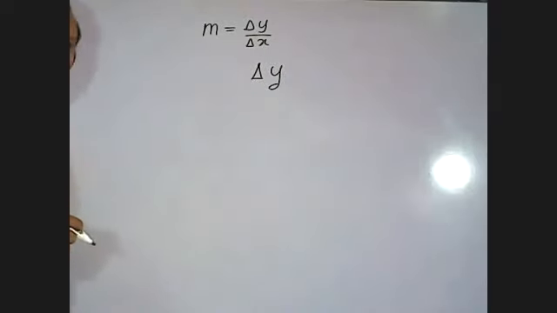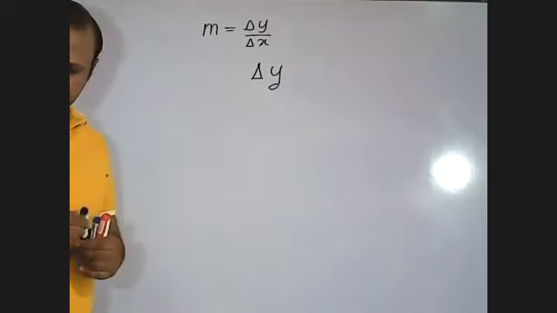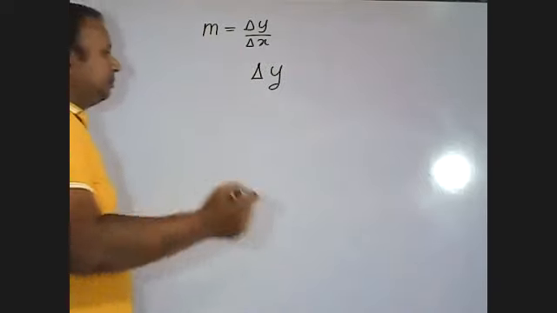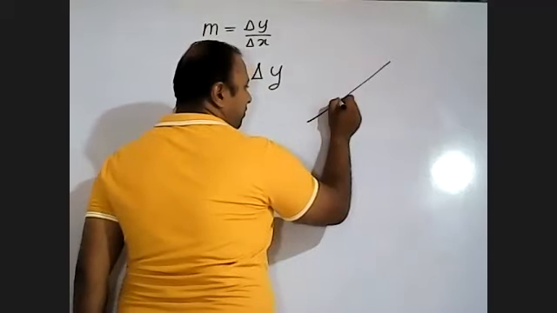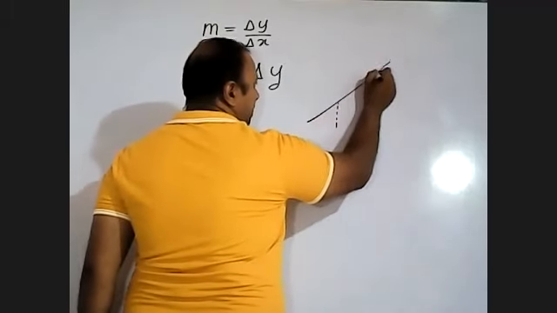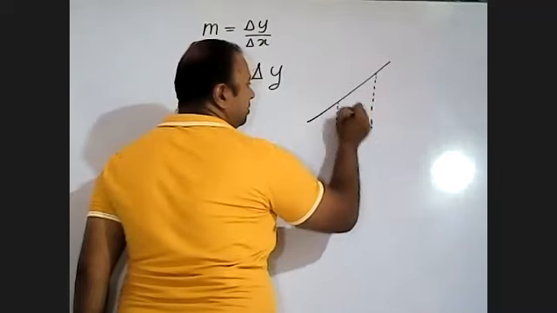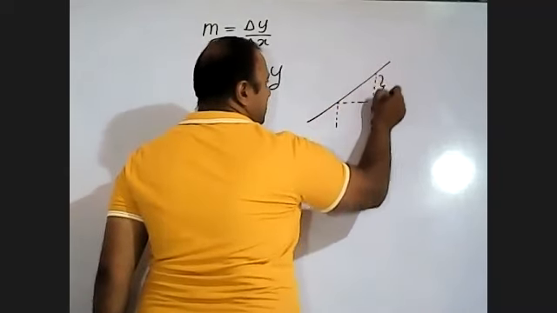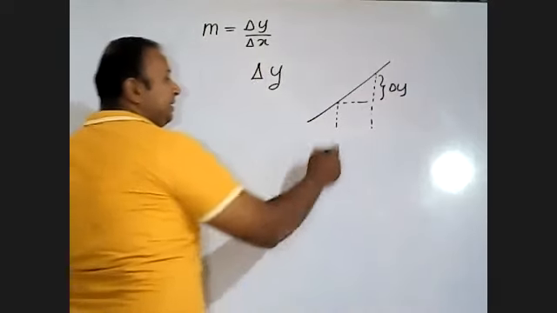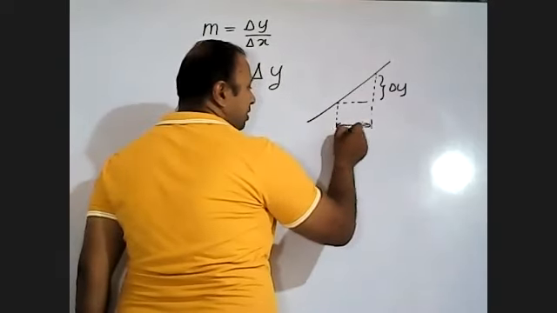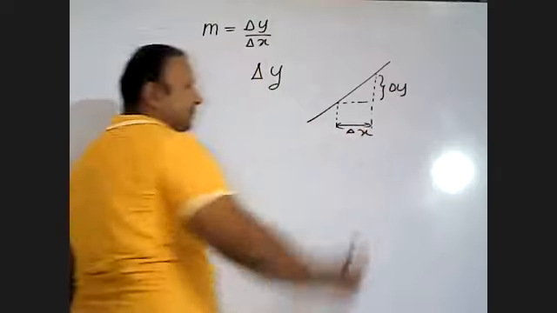That means in our graph, this is delta y and this is delta x.